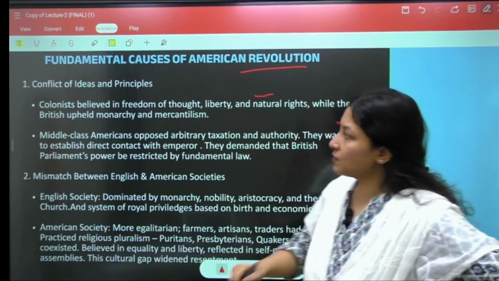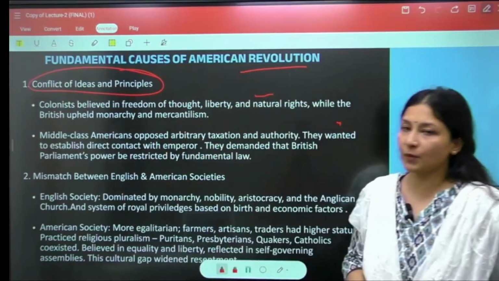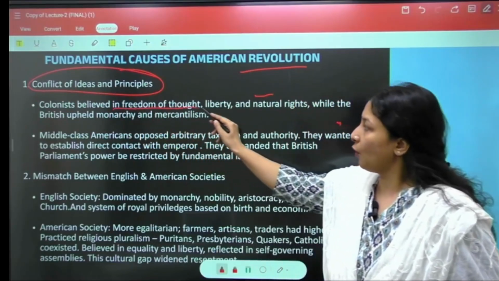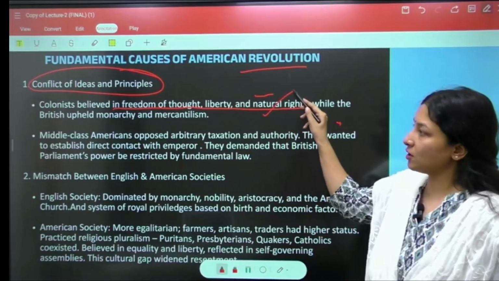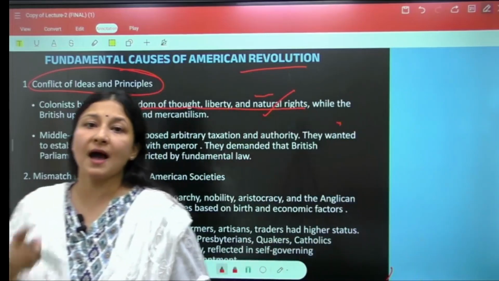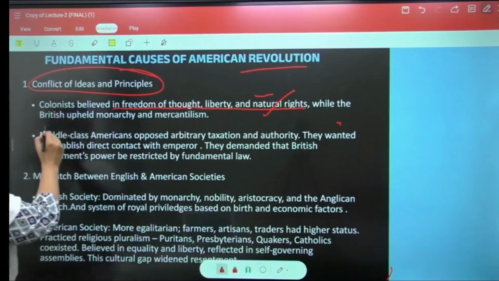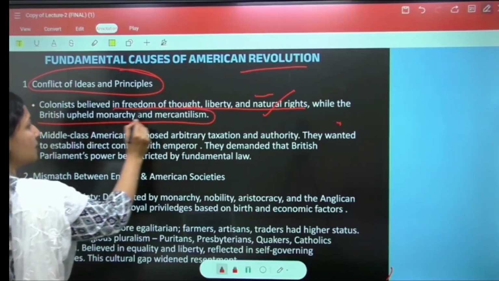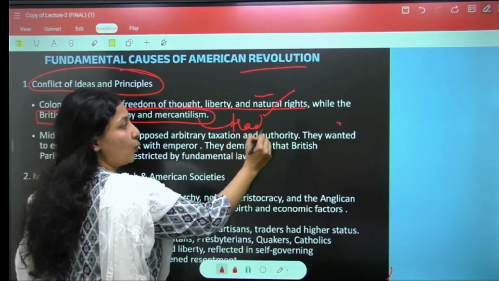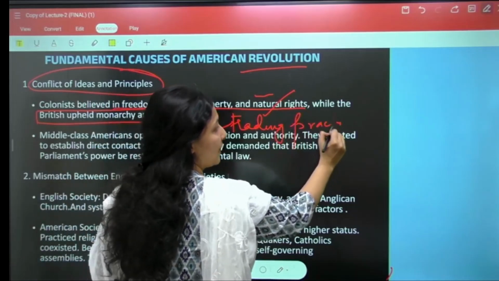The first cause was the conflict of ideas and principles. These colonists believed in freedom of thought, liberty, and natural rights, but the Britishers had a monarchical form of government, and they upheld mercantilism, or whatever was profiting their trading practices.